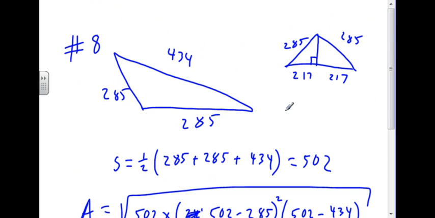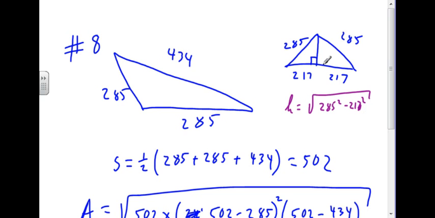Okay. Now, if I would have gone with my gut up here and done that, then I would have said that the height is the square root of 285 squared minus 217 squared, and that's 217 in case anybody was wondering. Square root 285 squared minus 217 squared, close parentheses.